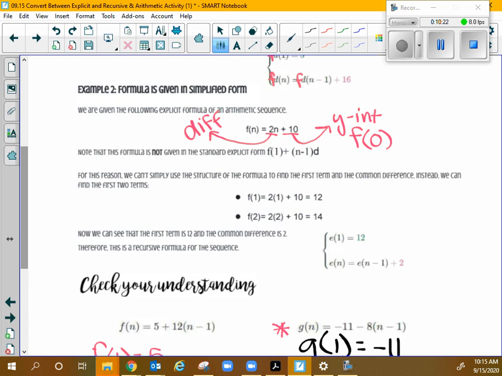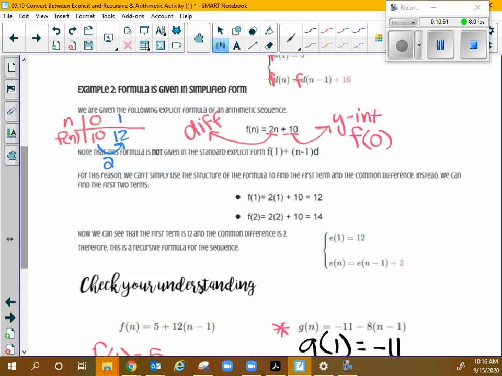Option 1, you need the first term to build a recursive rule. So you could plug in 1 for n and solve. Or you could build your table, and since you know that 0 is 10 and your common difference is 2, what would my first term be? 12.